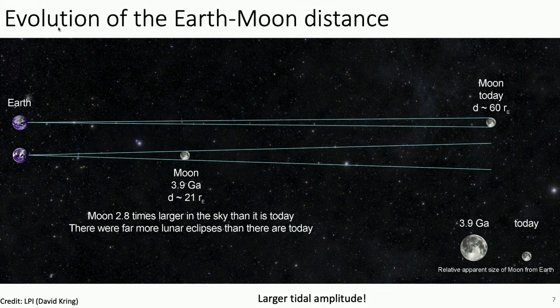That's due to this effect. The moon was much closer, so it was about 3 times larger in the sky than it is today. So that's how we see it today, and that's how it was before. So you may think that could indeed induce some important tidal effect, and I will come back to it later.